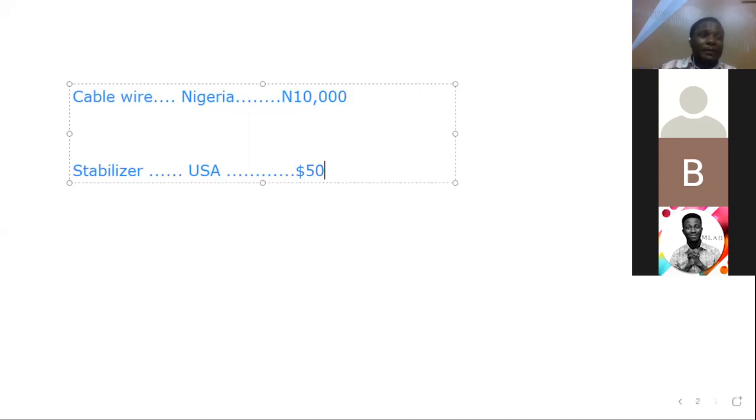Now remember that our exchange rate we are dealing with is how many naira do I need for a dollar? So let's assume 400 naira is equal to $1. My nominal exchange rate is 400 naira to a dollar.